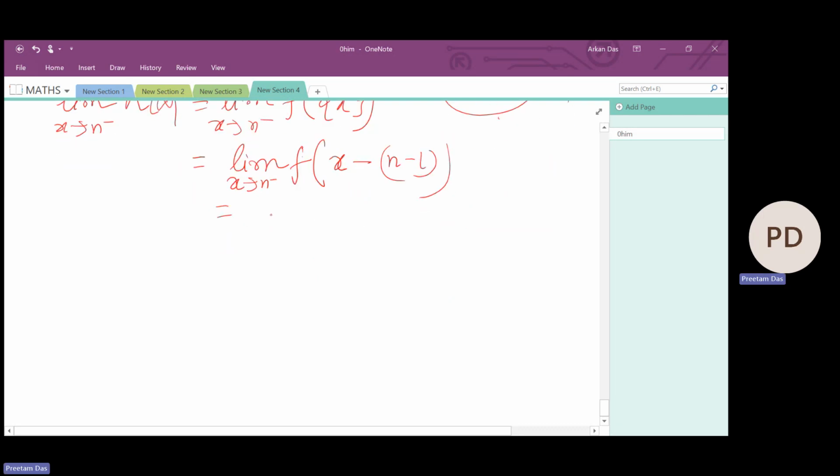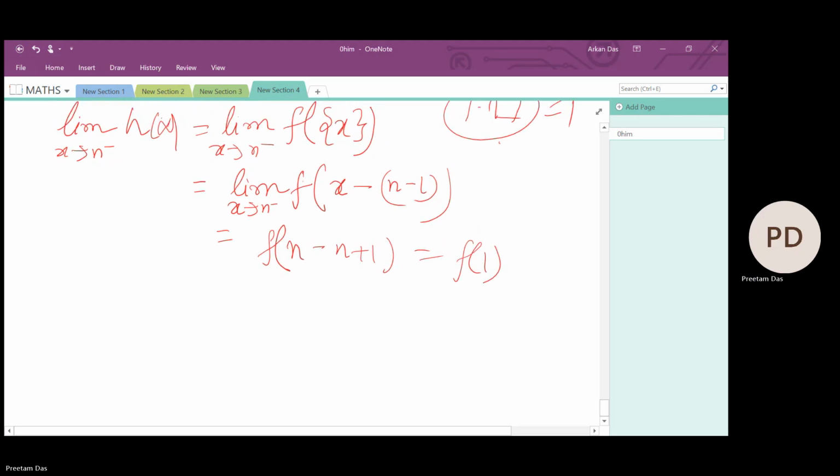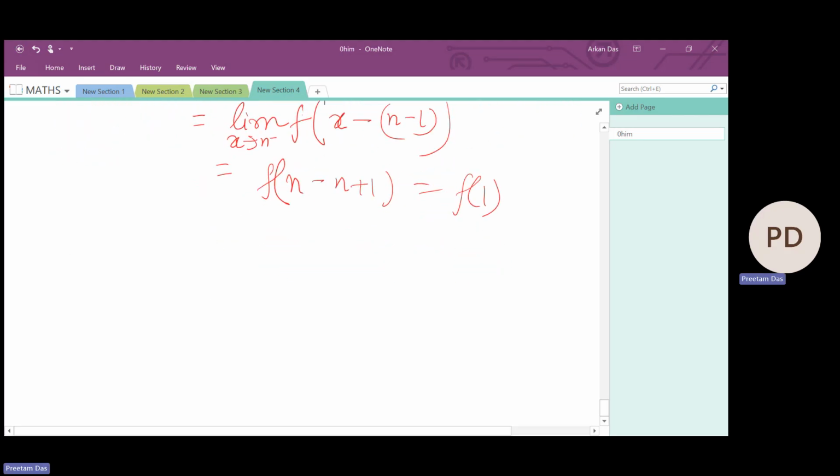So now what will be this? You have to put n here, n minus n plus 1. So this is f of 1. Limit as x tends to n plus of h(x).